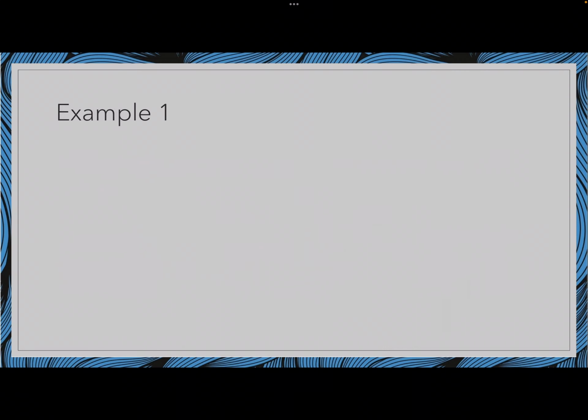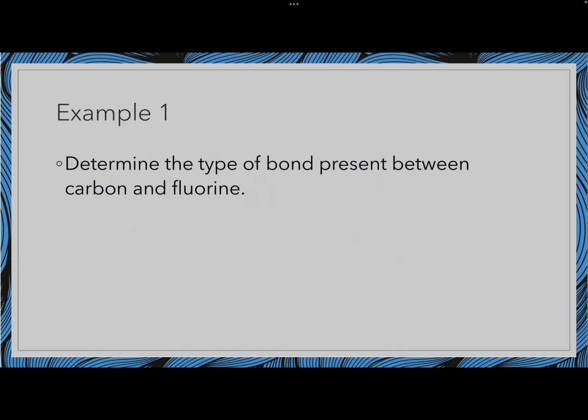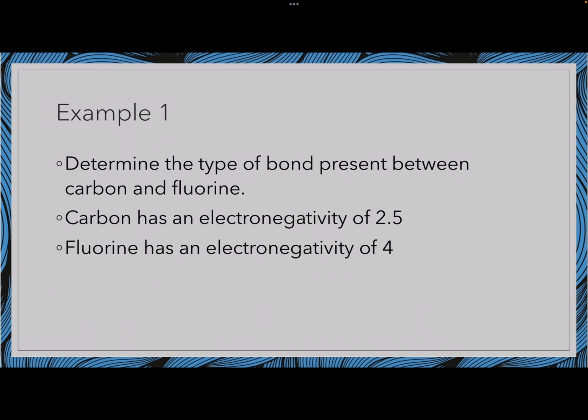So, determining the type of bond present. Determine the type of bond present between carbon and fluorine. We have to use that table on page 85, as well as the electronegativity table on page 79. We first figure out the electronegativities of each of the atoms. Carbon has an electronegativity of 2.5, fluorine has an electronegativity of 4.